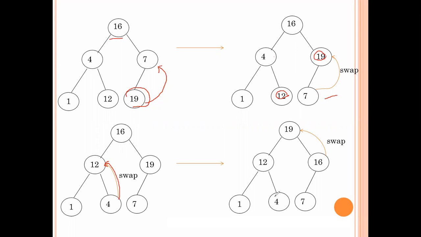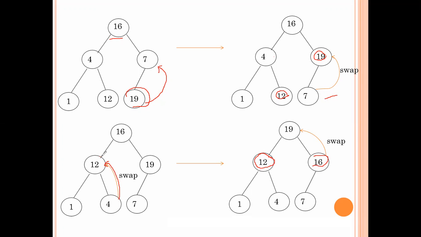Now we can see 4 is here, 1 is here, and 12 is here. Always remember that in a max heap the greatest value node should be the parent node. So just concentrate here, this is 12 and 16. Before that, no doubt 4 is here and 12 is here.